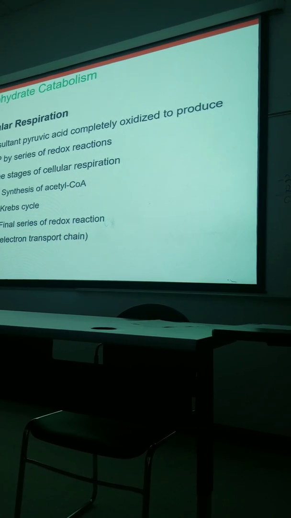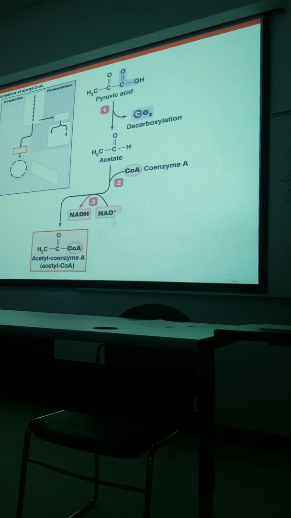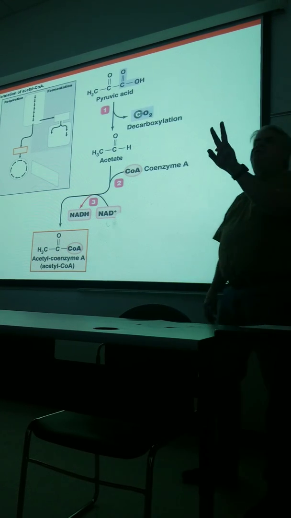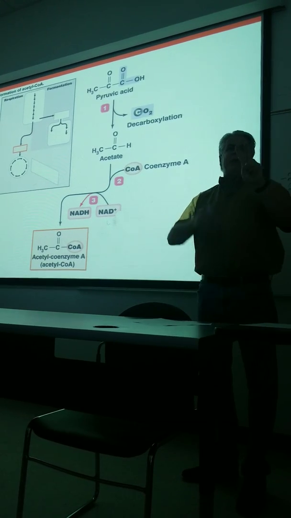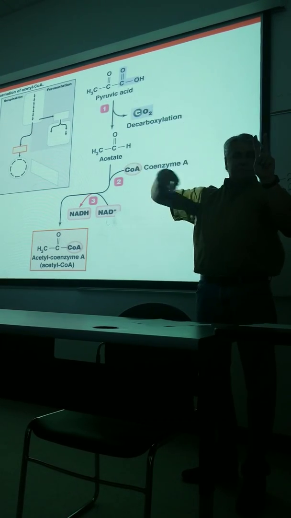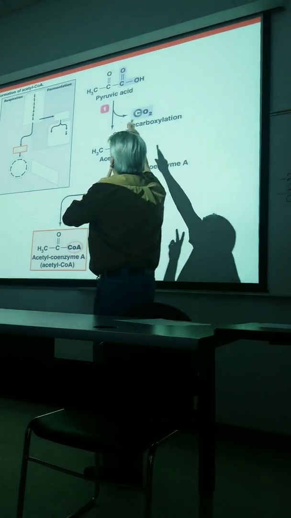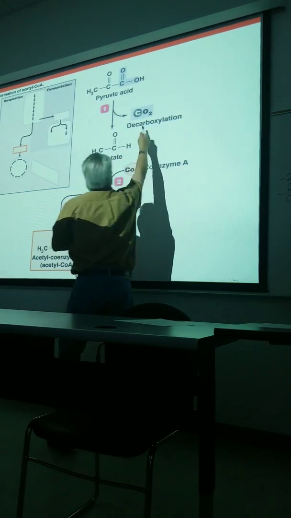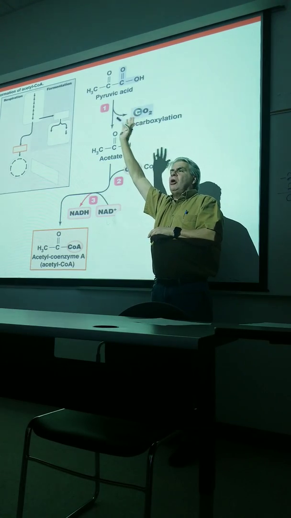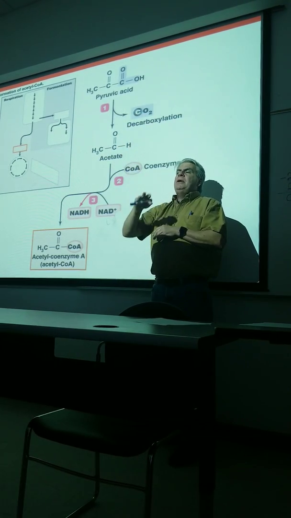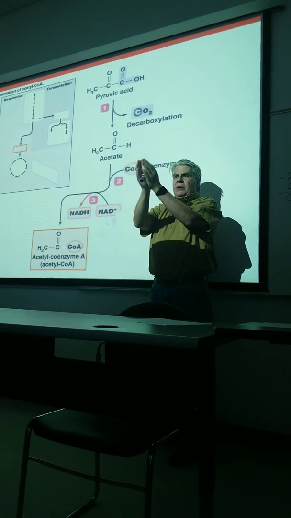Okay. So let's walk through these real quick. How many pyruvic acids do we have? How many did we make? 2. So everything's going to happen twice from here on out, right? Pyruvic acid comes in, it's decarboxylated, which means you just pull off a carbon. But what is happening is glucose is going through glycolysis, pyruvate processing, Krebs.